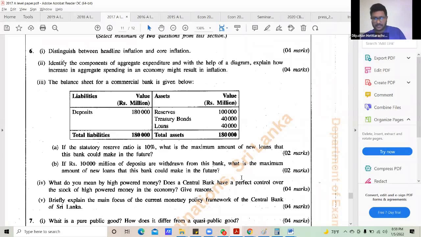So basically, it's like this. When you read the question, you should understand what's the requirement, right? So here, basically, you can't continue. Yes, you have to come back to the original balance sheet given in the question and do the necessary amendments, right?